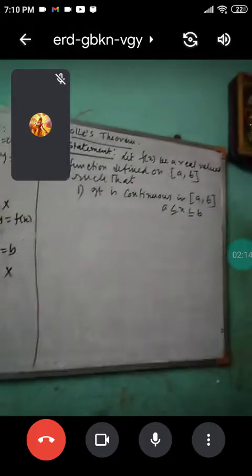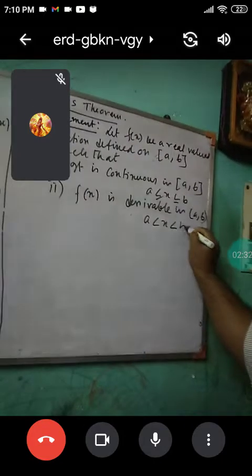This is called closed interval. f(x) is continuous in the closed interval [a, b]. That means if we put any value in this interval into the function f(x), then we will get a particular value. Then we can say it is continuous.